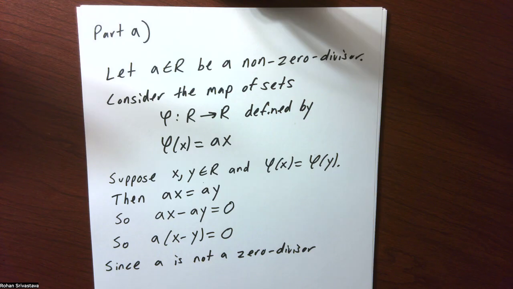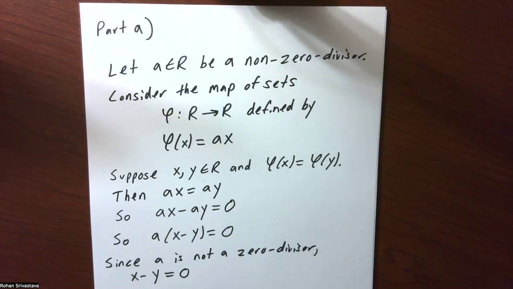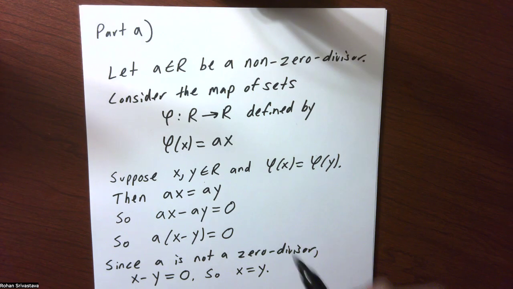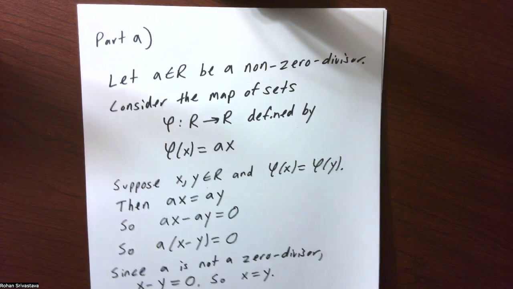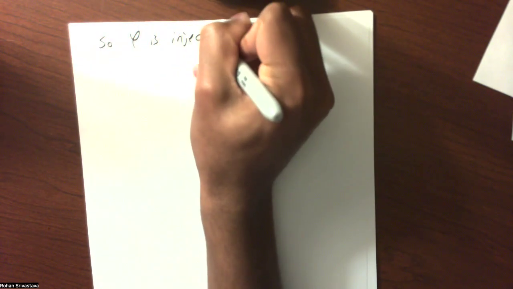So since a is not a zero divisor, that means that x minus y must be 0. So x is equal to y. So what does that mean? We started with phi of x equals phi of y, and we showed x equals y. So phi is injective.